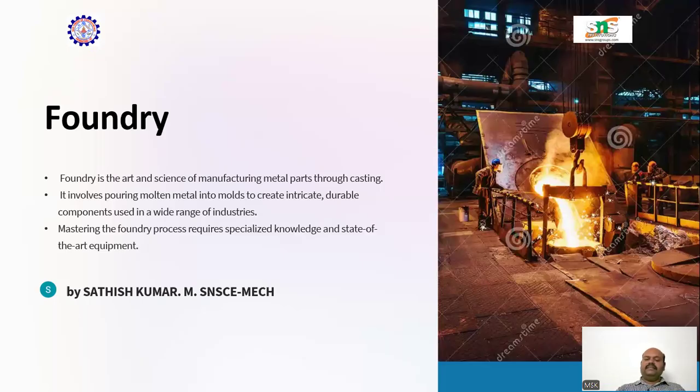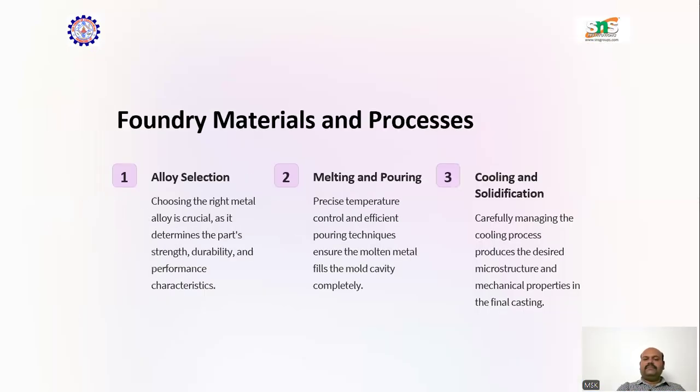And let us see the foundry materials and processes. Number one is alloy selection. Number two is melting and pouring. Number three is cooling and solidification. Whenever we choose a component for casting, we have to choose the right alloy or metal that has to be melted and poured.